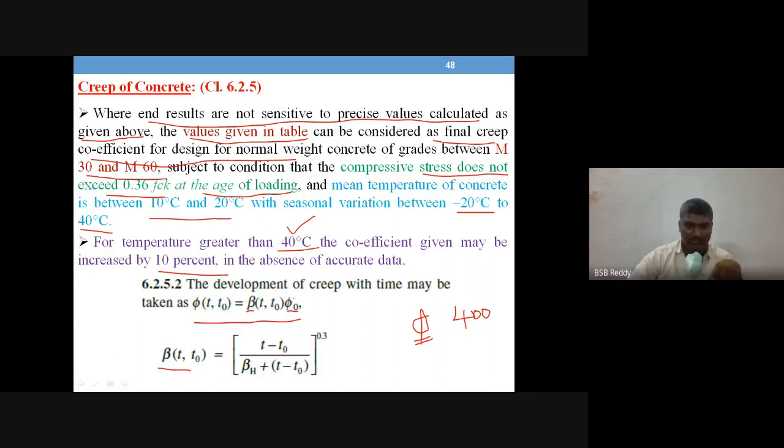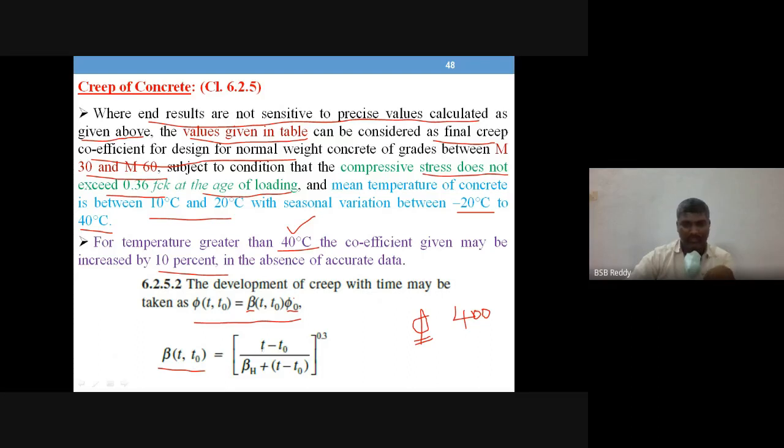How to estimate beta is given in the IS code. All these are available in the IS code. That's why I say please refer to your IS code. Keep your IS code open.